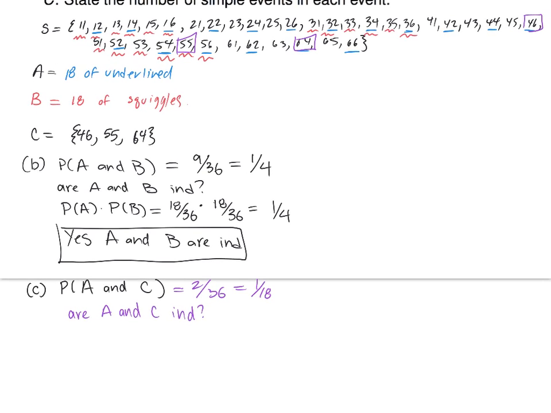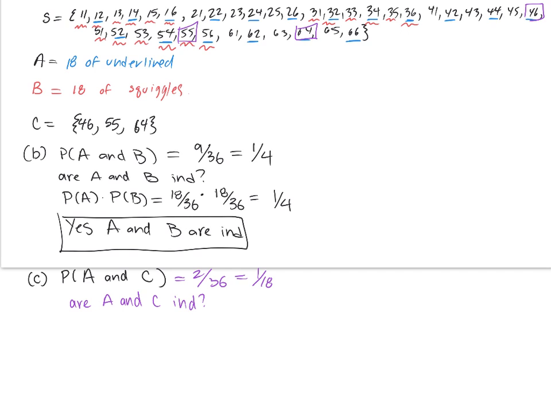Well, let's check using the definition. What is the probability of A times the probability of C? 18 out of 36, and C is 3 out of 36. Definitely reduce those before you multiply. Half times 1/12 is 1/24th.